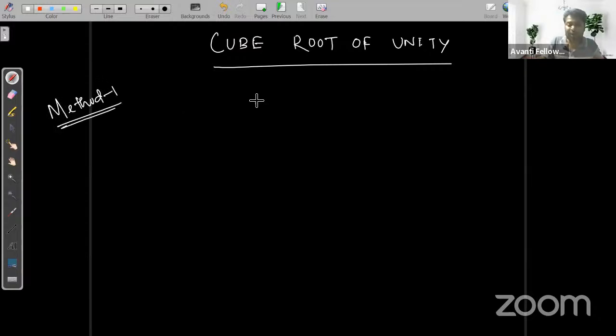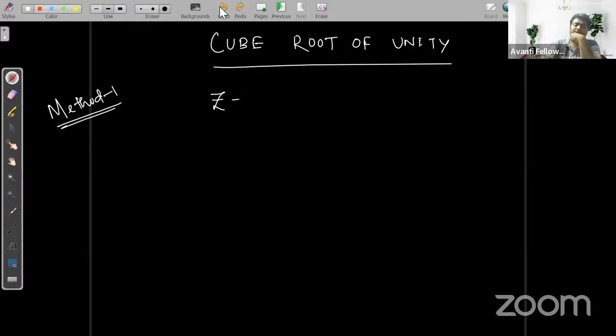Suppose you have the equation z³ = 1, then it's a cube root of unity.